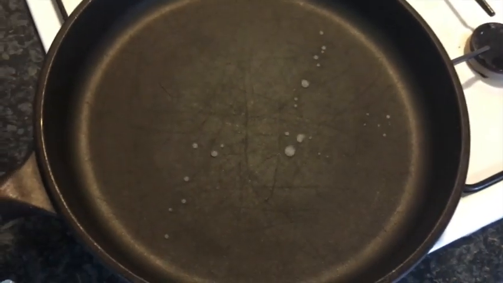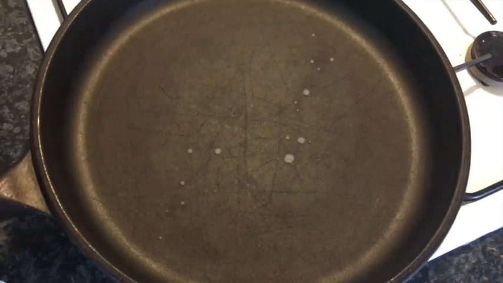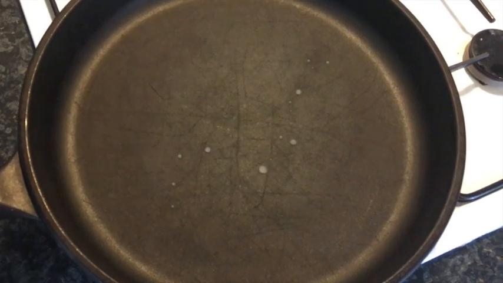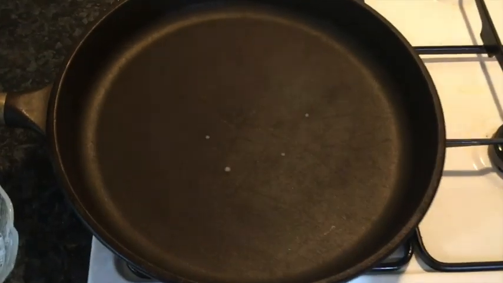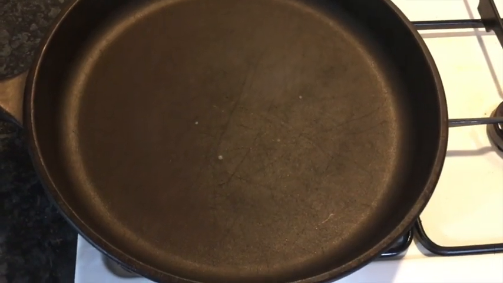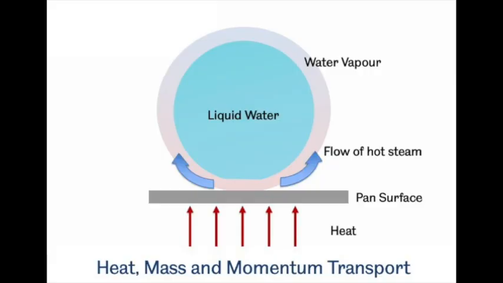There we go. So the water is moving here, and now what we have is a combination of heat transfer and mass transfer as the water is evaporating, but we've also obviously got some momentum transfer happening because there's movement.